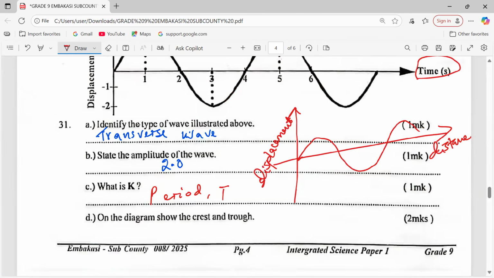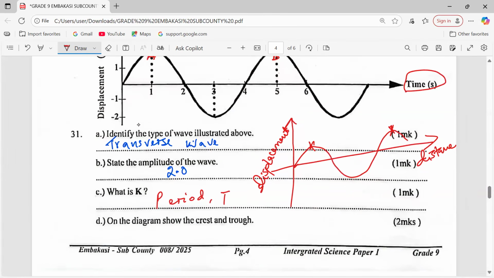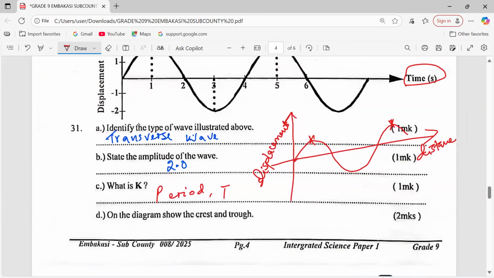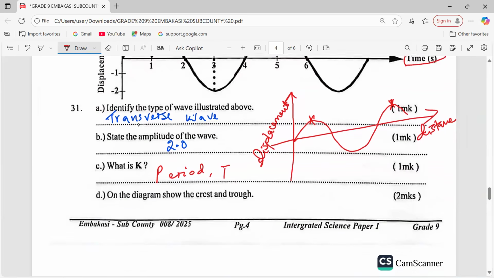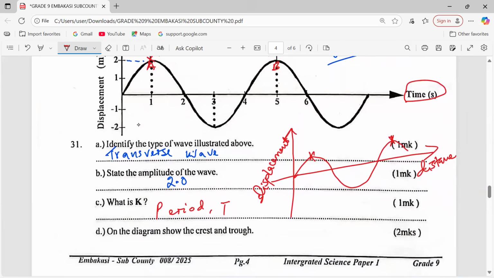Then we will say that from here to here, that's a complete wavelength. It's a complete oscillation, and within the complete oscillation there is some distance. So the distance covered within a complete oscillation is called wavelength. So in such a case, we would have said A is wavelength. But looking at the graph physically, you discover that along the x-axis there is time, meaning that within a complete oscillation, we can only extract periodic time.